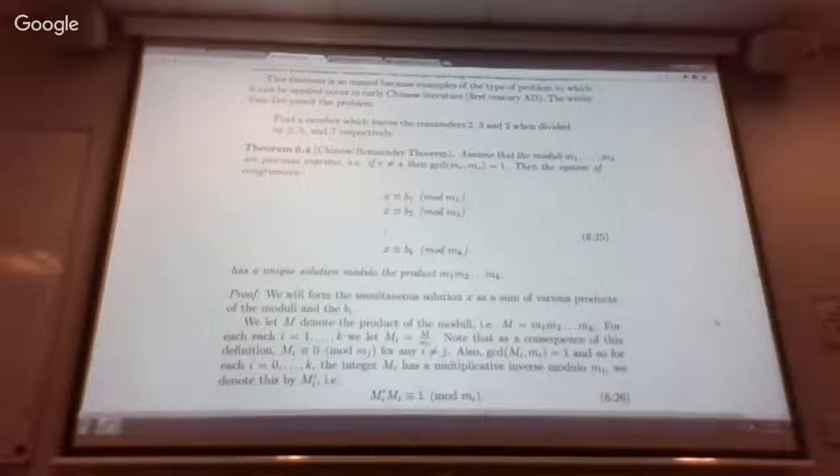Let's call this k for the moment, just to match with this. The prime factorization of n is an expression for n as a product of prime powers. And the p_i's are all distinct prime numbers. Then this single congruence is actually equivalent to a collection of congruences.